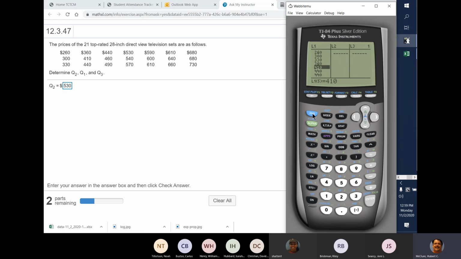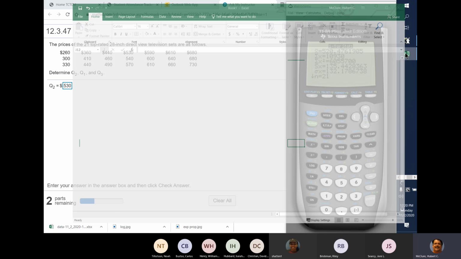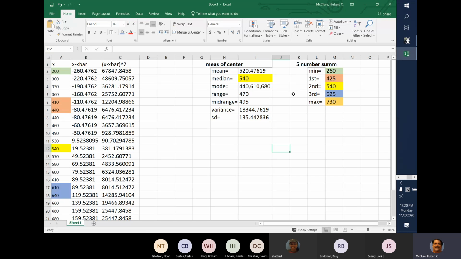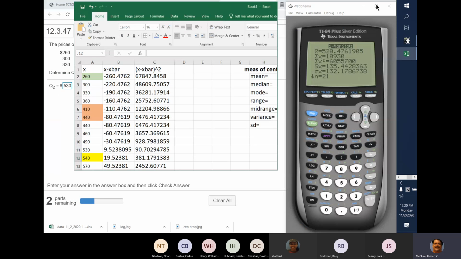Second, stat, calculate, first variable statistic, L1. 520.48. Let's see what mine says. 520.48. That's your X bar, your mean.